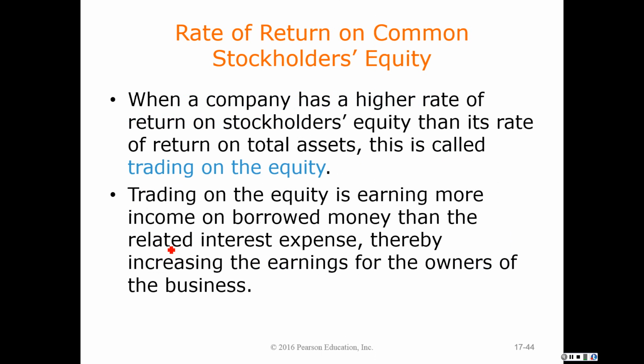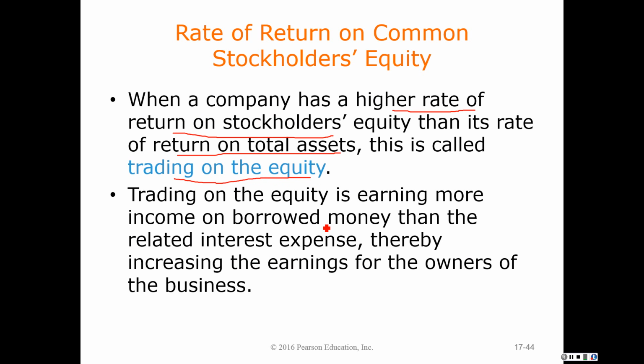And then just a phrase that you might hear if you end up in the financial field, this trading on the equity, and it simply says when a company has, note, a higher rate of return on stockholders' equity than its rate of return on our total assets, this is called trading on the equity.